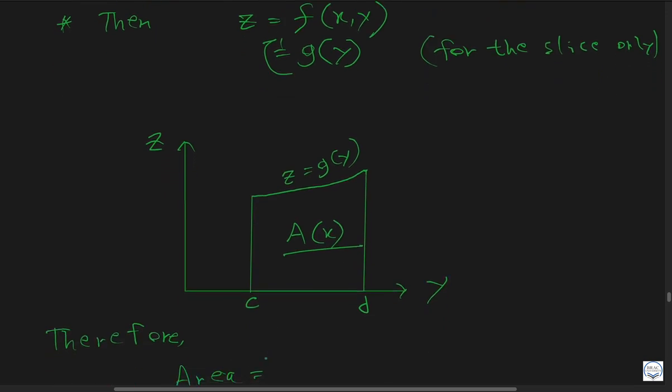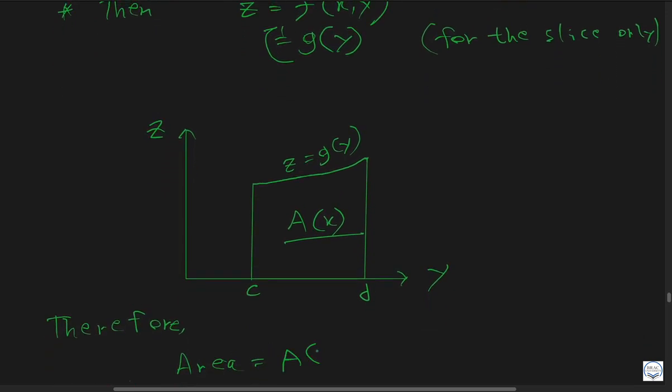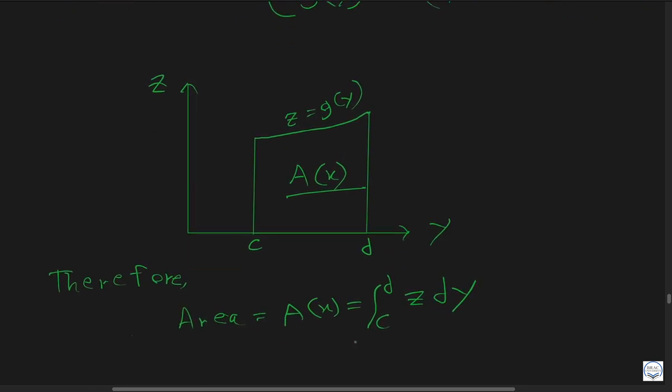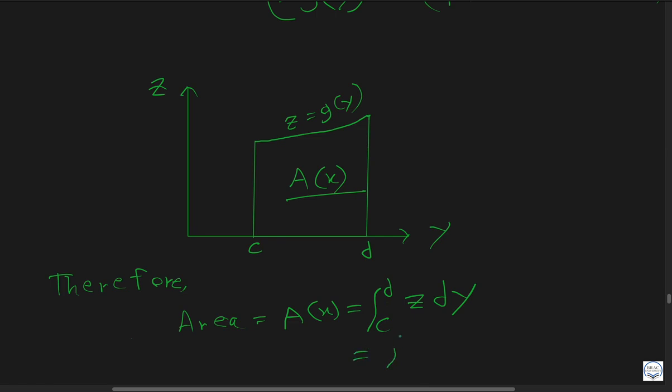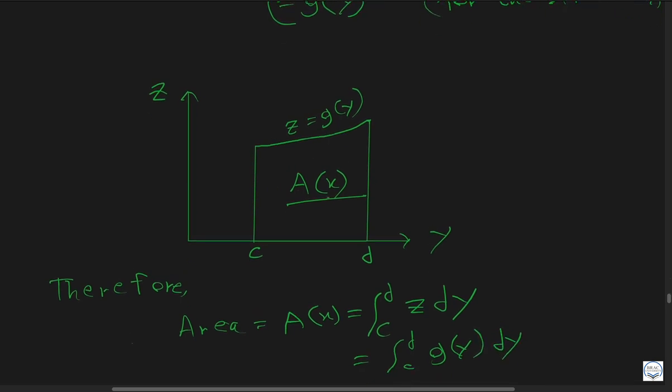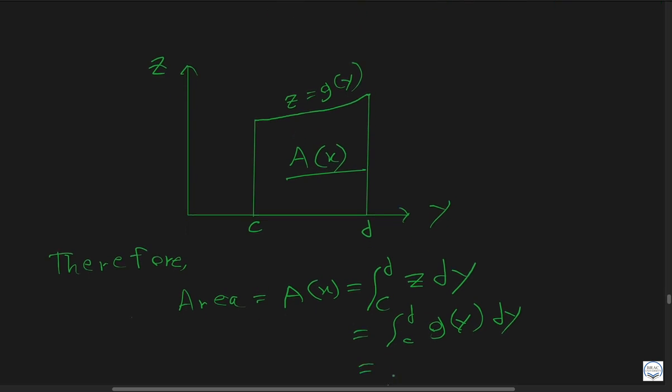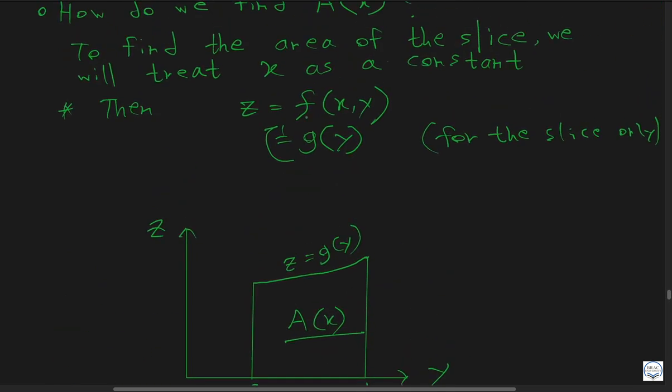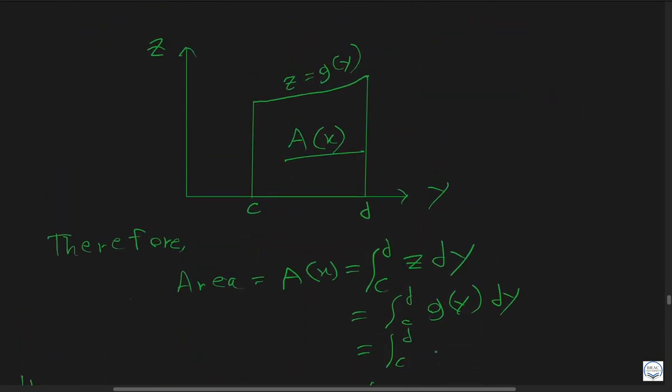So the area is just the area function, right? The area function is in fact the definite integral from c to d of z with respect to y, and this will be equal to the integral of g of y dy, since on this slice z does not depend on x, and g of y on this slice is also equal to f of x comma y.